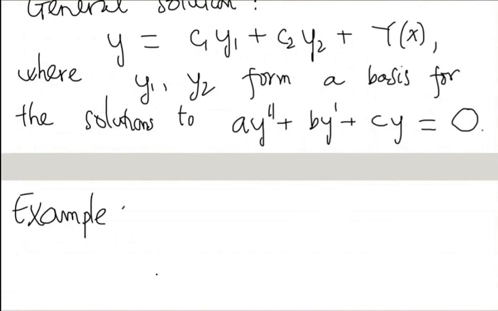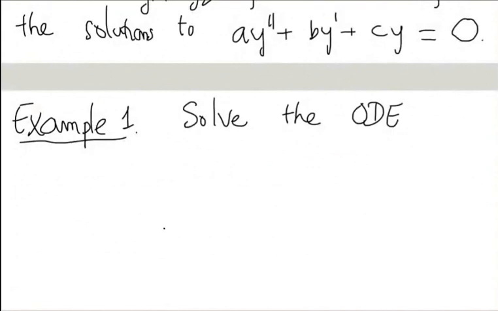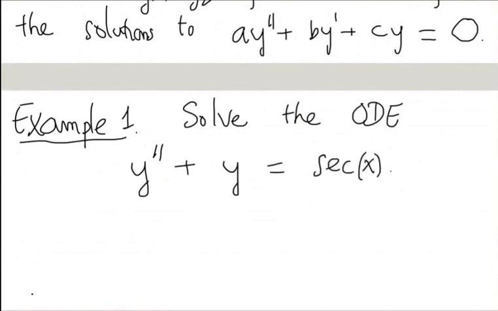Example 1, solve the ODE y double prime plus y equal to secant of x. As usual, we have our non-homogeneous equation.